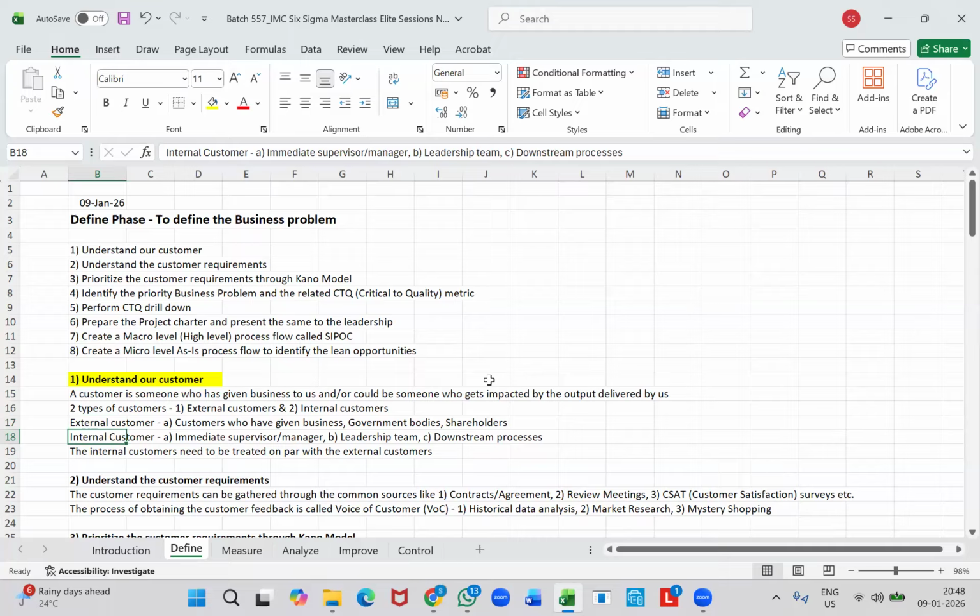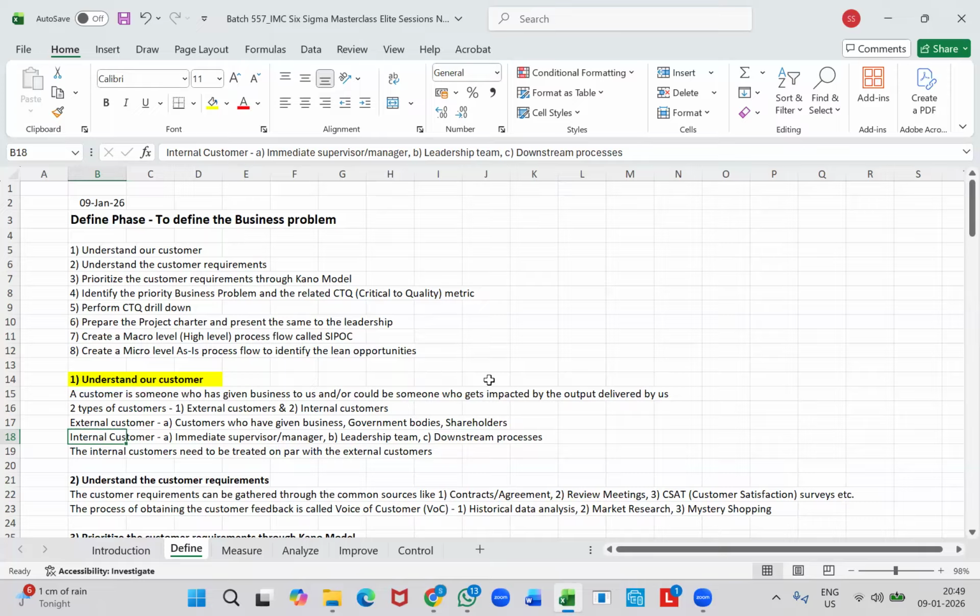So as part of the internal customer group, we can say our immediate supervisor or manager, right? So they would definitely get impacted by the quality of output that is delivered by the team. So if the team is going to come up with some bad quality output, we cannot judge the supervisor or the manager who is managing that entire team to have dished out some good performances.